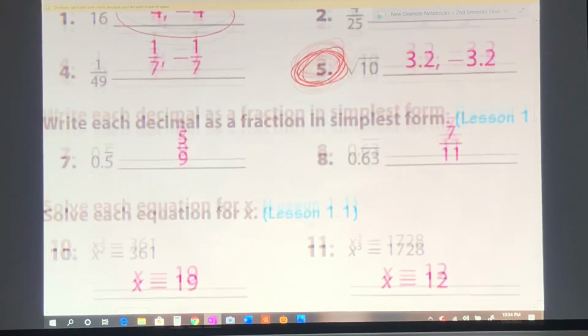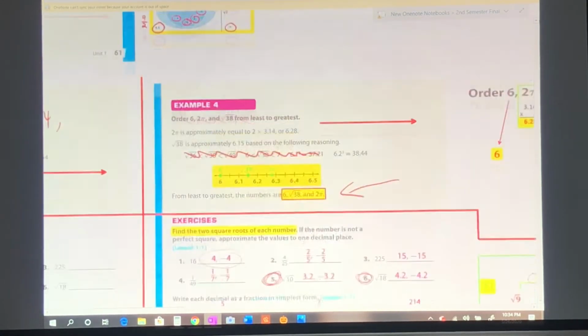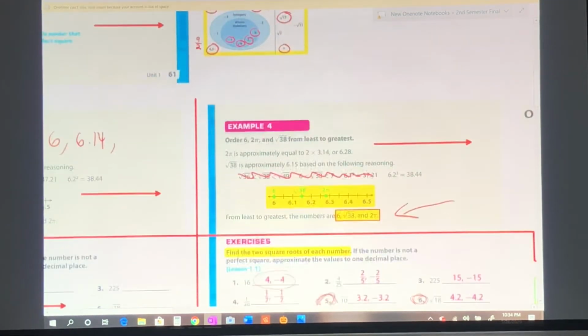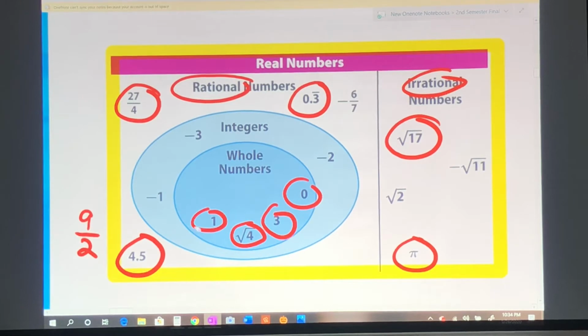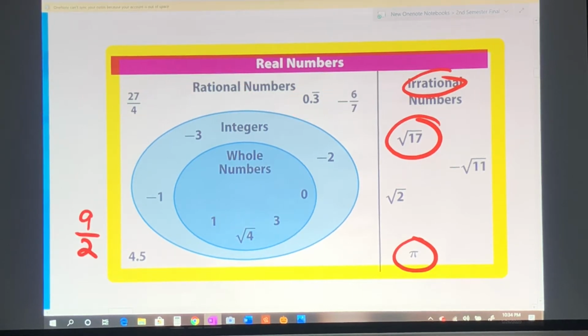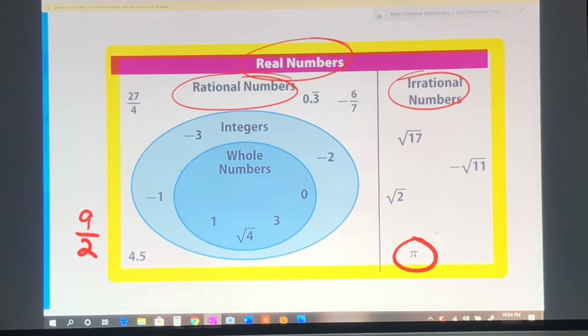Let's see if I can find that chart. Oh, there it is. You see how it's real numbers, and there's rational, and there's irrational, and then you go down from there. They go backwards.